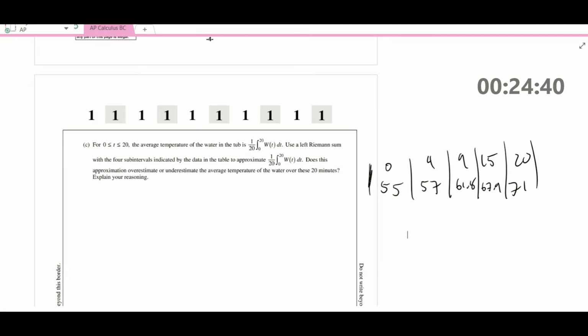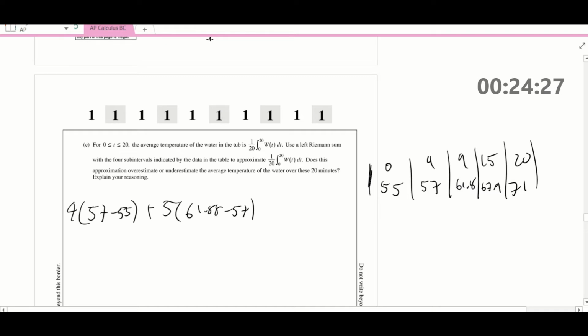So we can just use the left Riemann sum. So we have 4 times 57 minus 55, plus 5 times 61.8 minus 57, plus 6 times 67.9 minus 61.8, plus 5 times 71 minus 67.9.